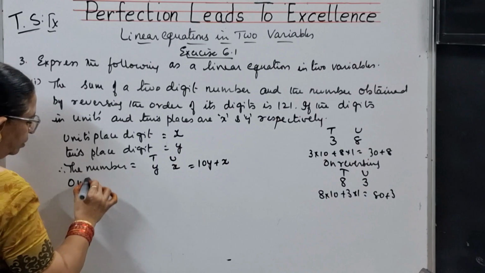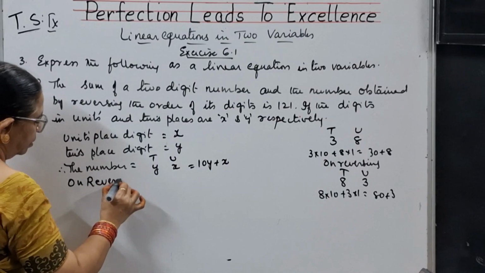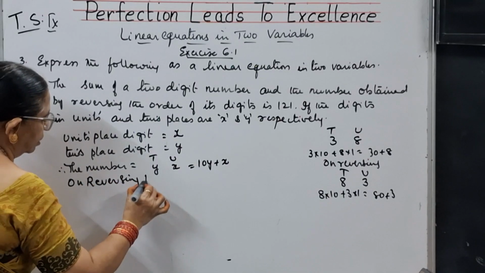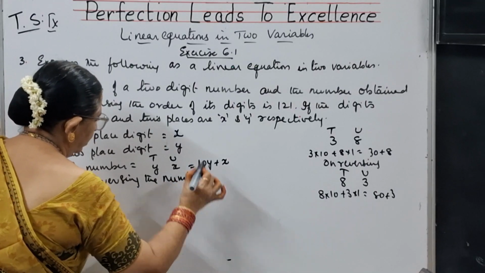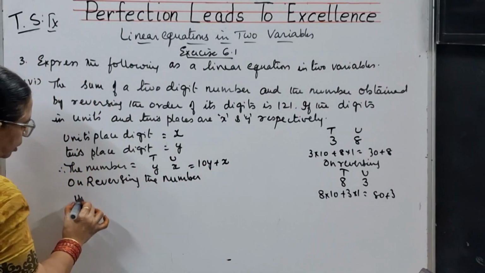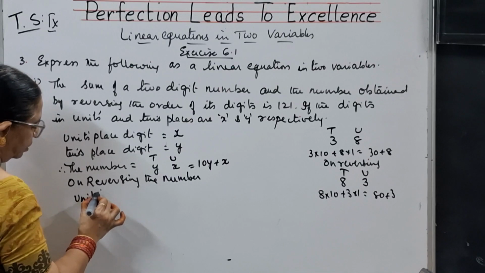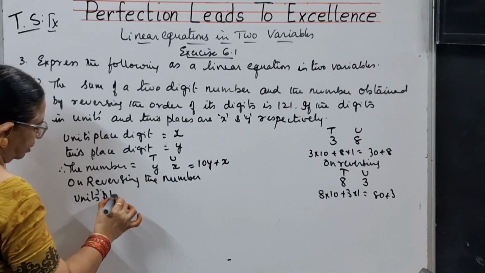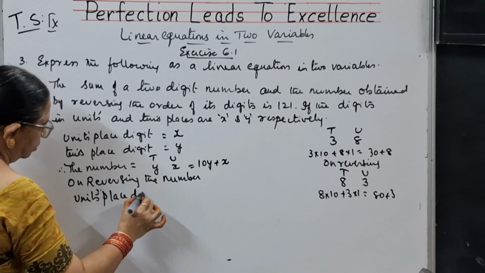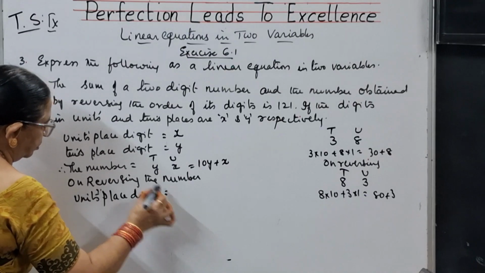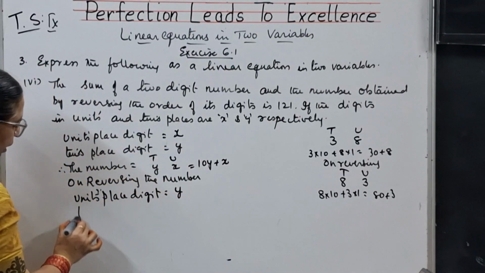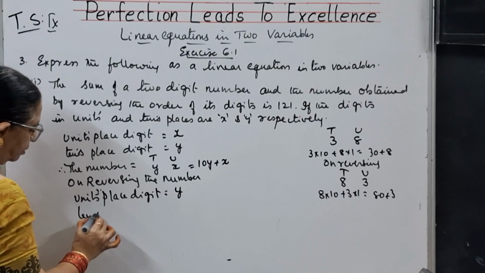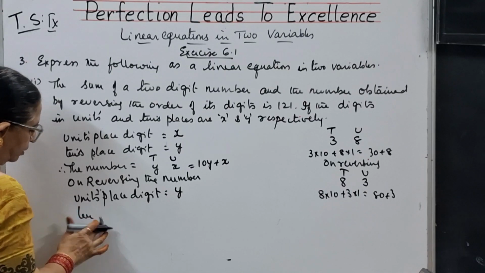Now on reversing the number, what will be the units digit? Whatever is the tens place digit, that becomes the units place digit, and whatever is in the units place becomes the tens place digit.